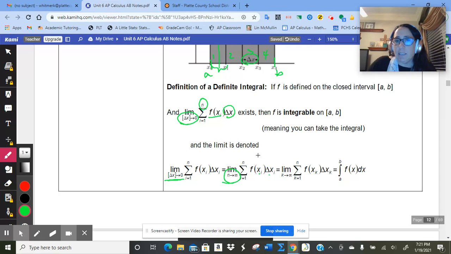A lot of times you're going to see a k or an i instead of n. So we say k is going to infinity, and have the x sub k. There are different versions we can see here, but that is telling me that I am integrating. This is the one that I like to use.